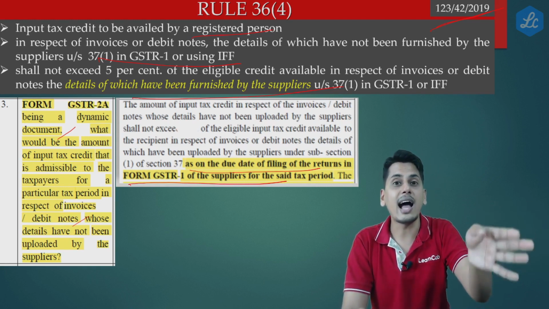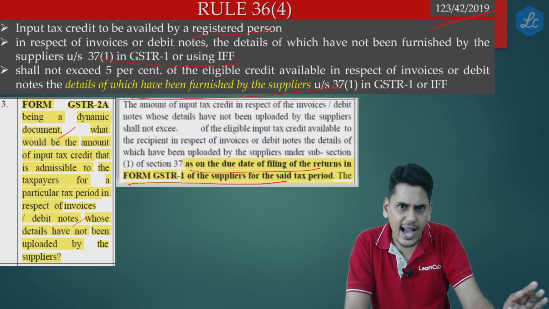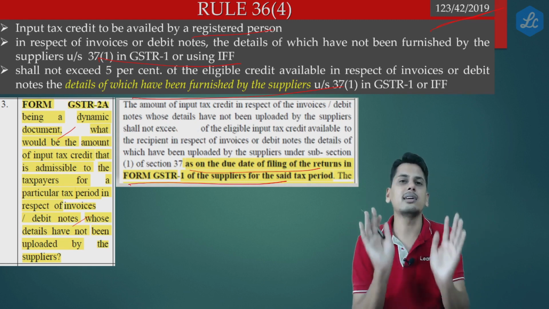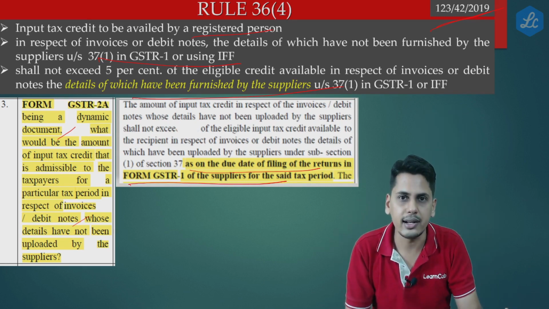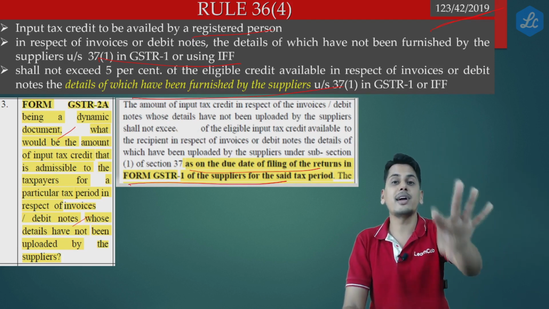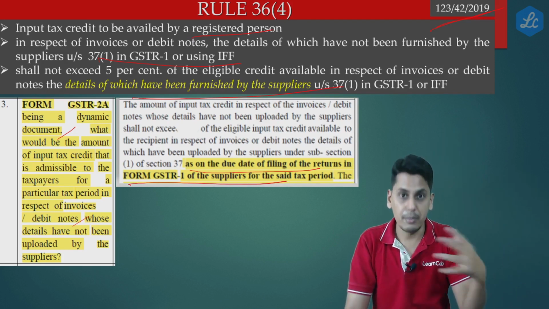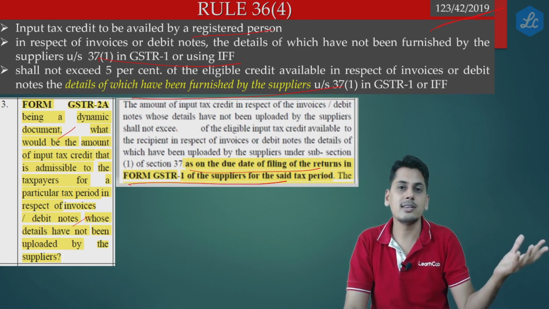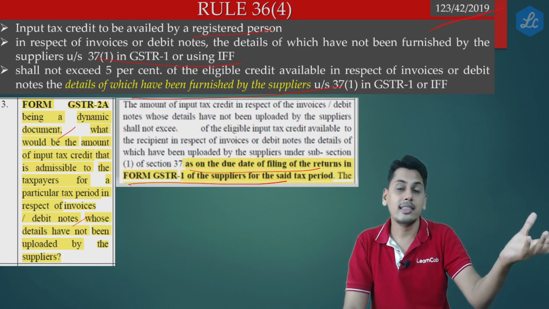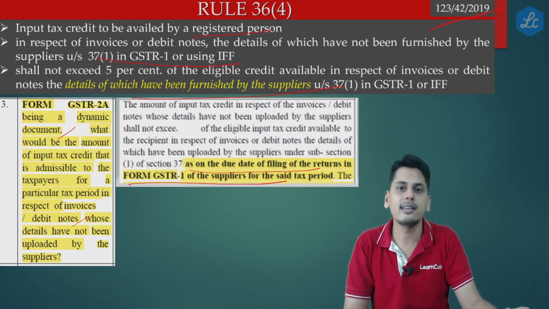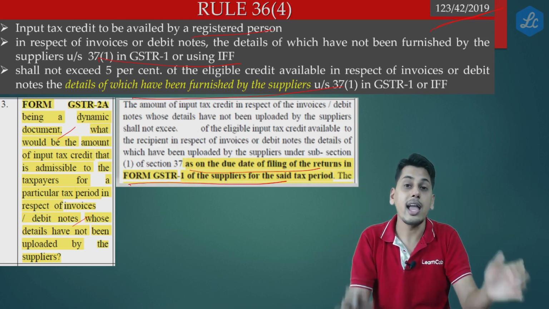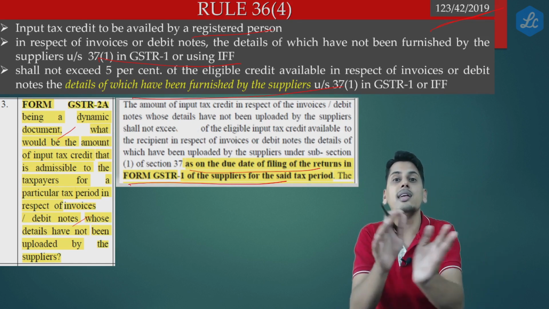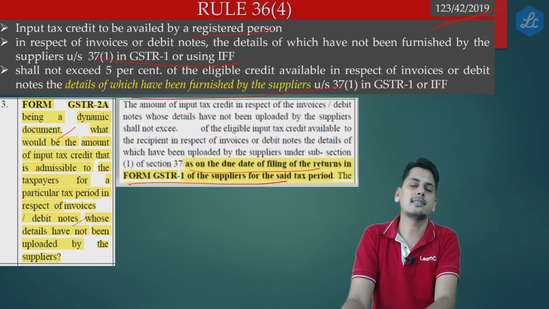If he is filing it after the due date, then while calculating 36 sub rule 4, I will consider only those invoices which are filed within the due date. Those invoices in my GSTR-2A pertaining to suppliers who filed their GSTR-1 after the due date, I am not going to consider in this tax period. I will be in a position to take this credit only in the subsequent tax period.